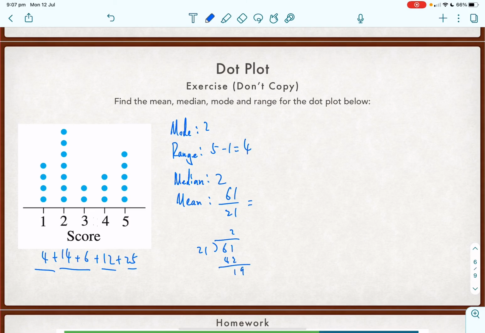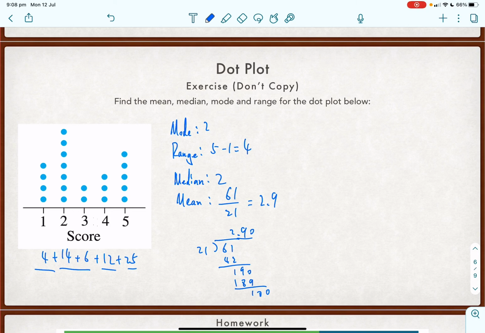That would be 19, 190. 189, so 10. 2.90. I'm just going to say 2.9, okay. So the mean is 2.9. So hopefully it's easy for you.